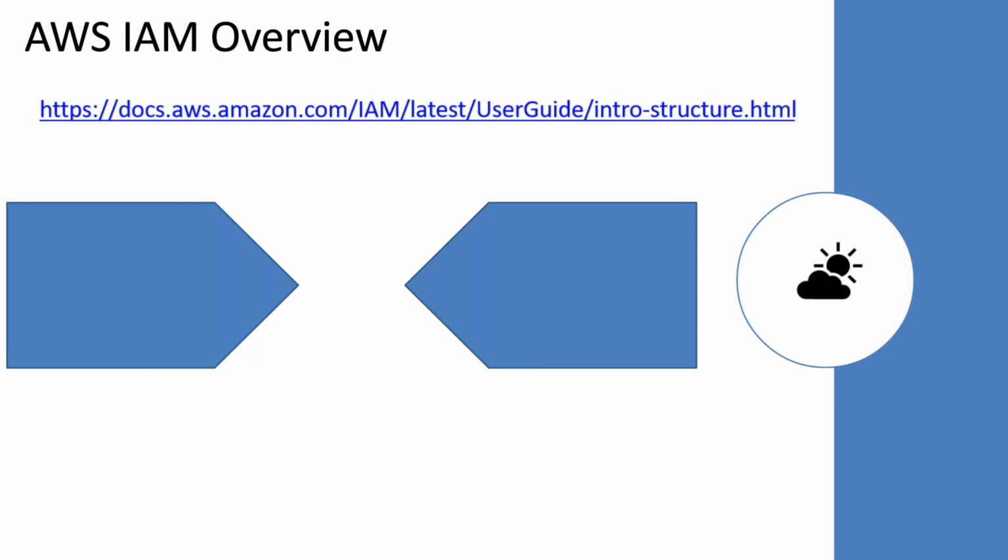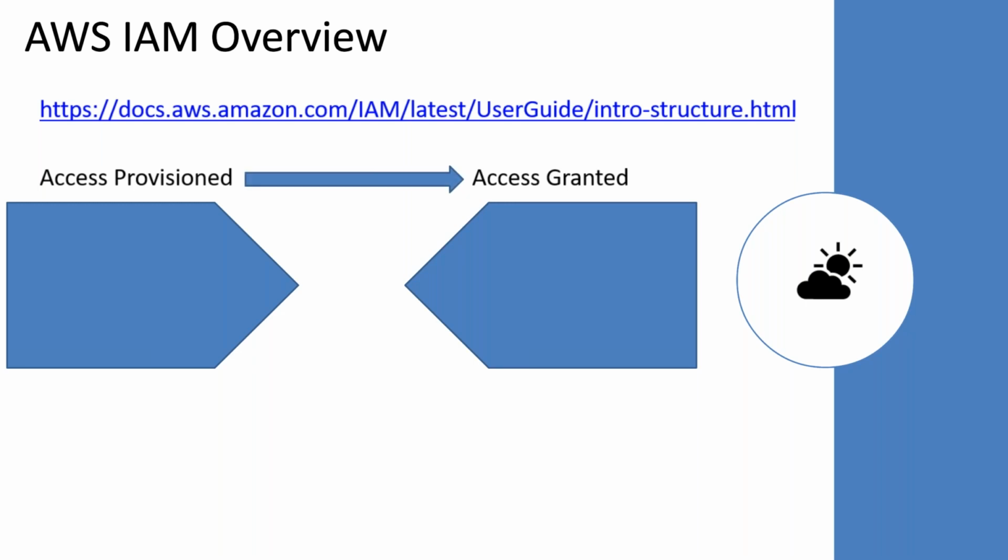But I would say that, getting into understanding AWS, you must pass through IAM. There's really no way around it. It's how you get access provisioned to you and how access is granted. And that's fundamentally what you're going to need to have a good understanding for as you endeavor to build resources and capabilities inside AWS.